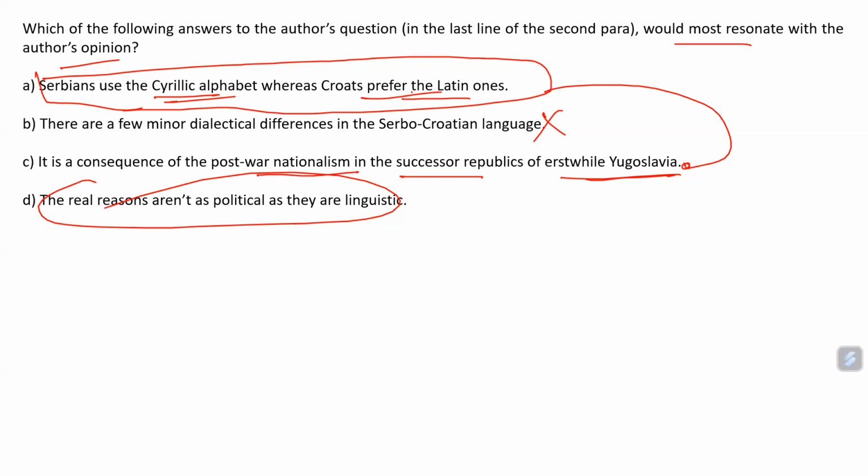But along with that, have we also discussed that there are a few minor dialectal differences and they all clearly spoke the same language? If they are speaking the same language, we cannot segregate it on the basis of that, and hence option A will be eliminated, right? So C is the answer.